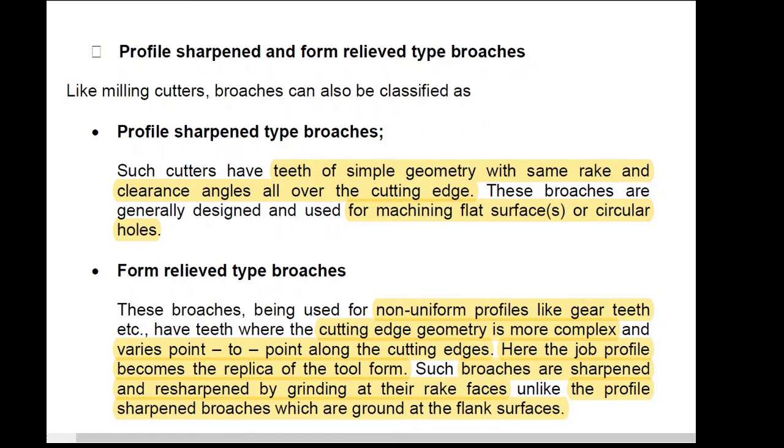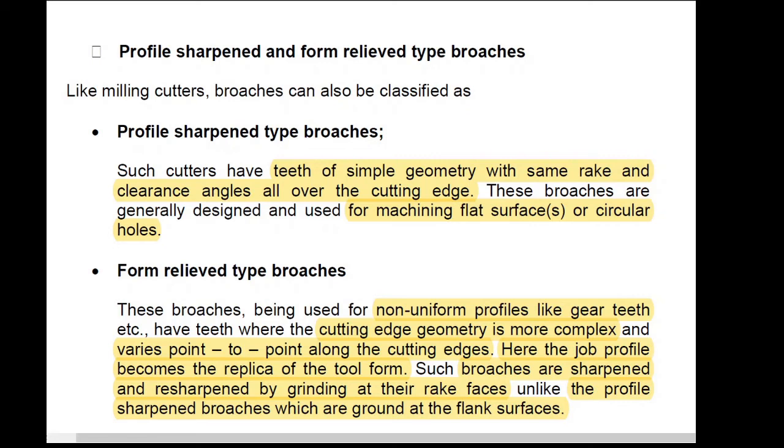Next is profile sharpened and form relieved type broaches. Profile sharpened type broaches are cutters with simple geometry, having the same rake angle and clearance angle all over the cutting edge. They are commonly used for machining flat surfaces as well as circular holes, that means surfaces with less complex geometry.